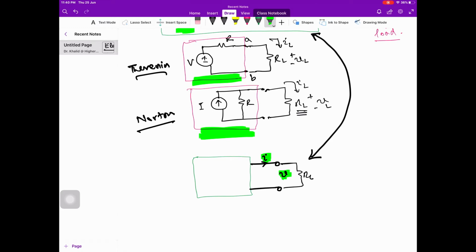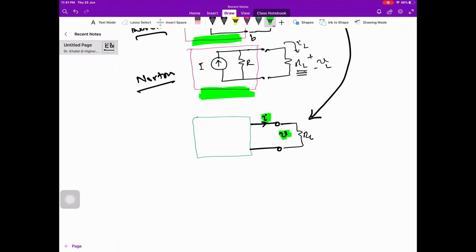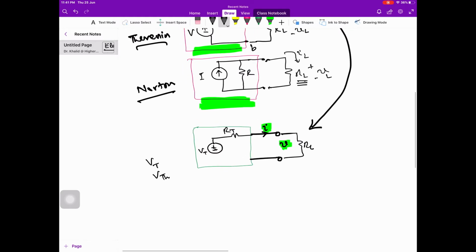So how do we determine the equivalent circuit? In the Thevenin equivalent circuit, we have a voltage source which we call V Thevenin, VT or VTH, and the resistance is RT or RTH.